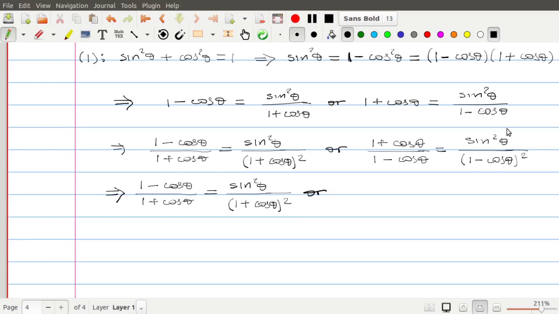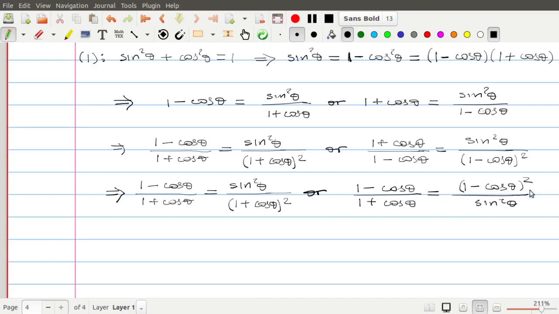Now I will take the reciprocal of this second part. We have 1 minus cosine theta by 1 plus cosine theta, which is also equal to 1 minus cosine theta square by sine square theta.